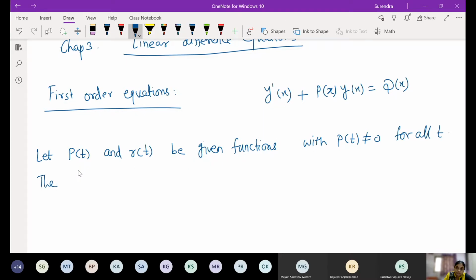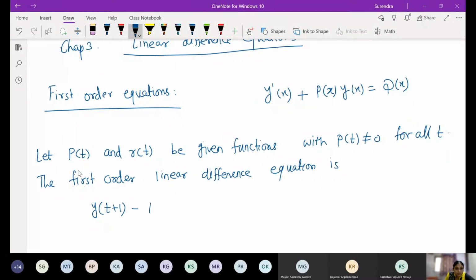Then the first order linear difference equation is given by y(t+1) minus p(t) y(t) equals r(t).